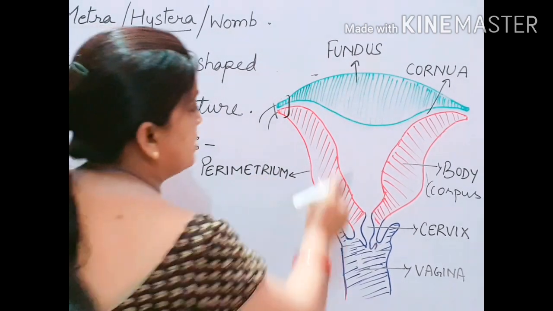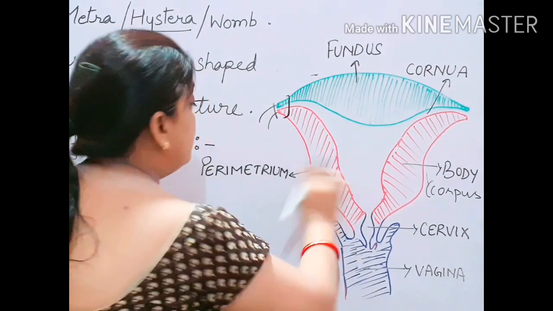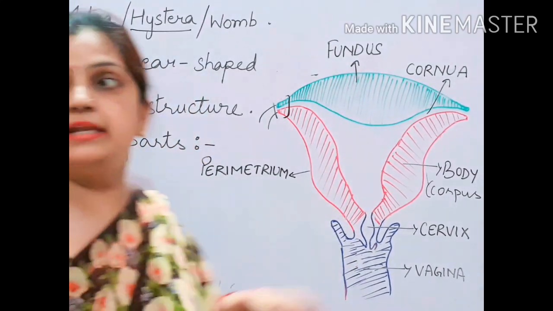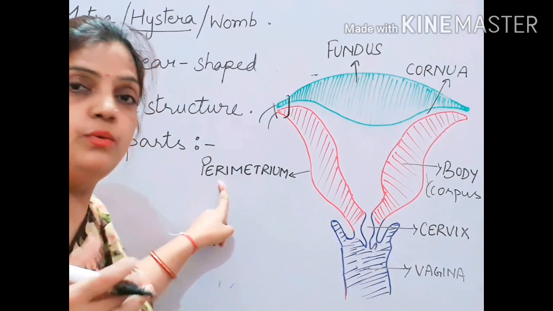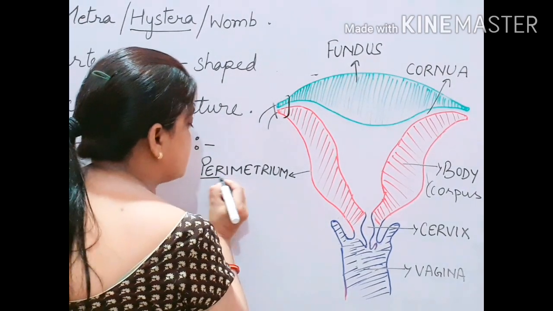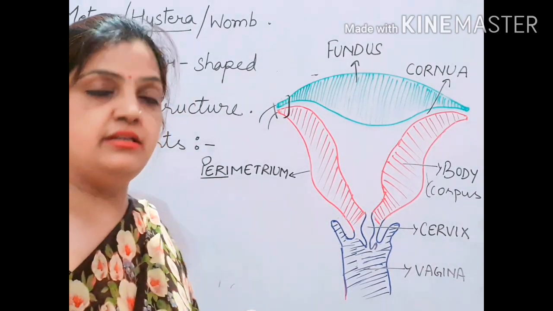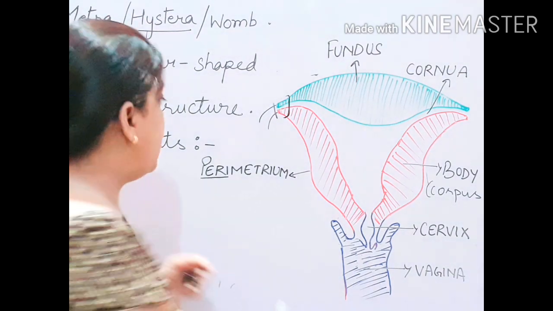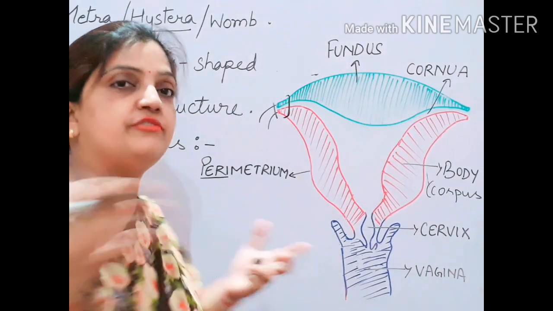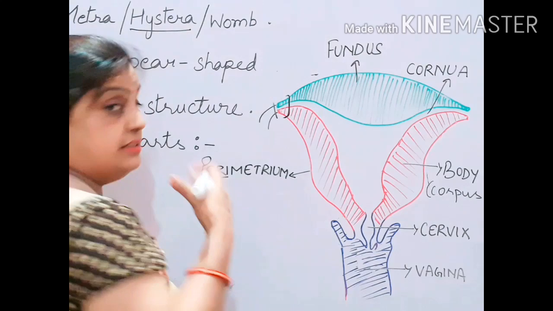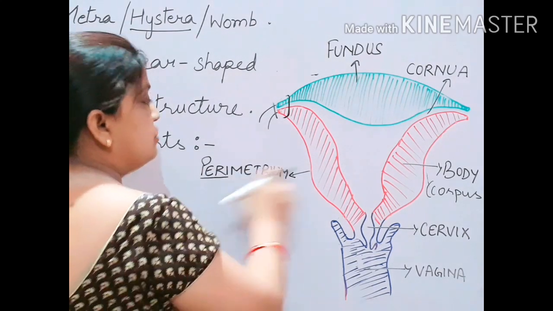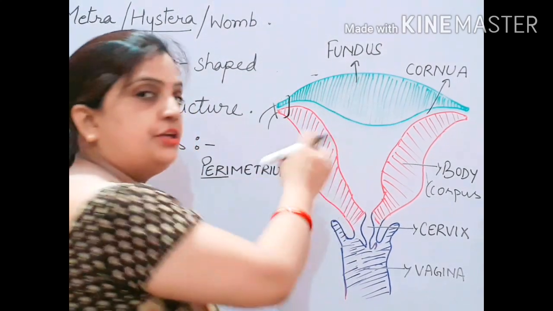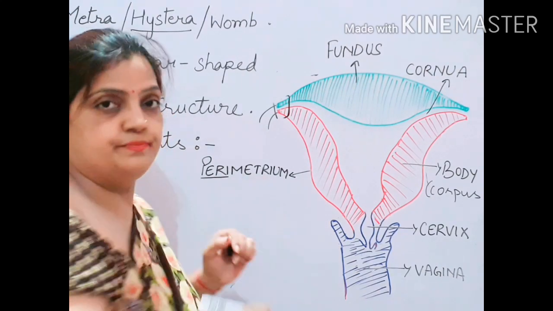Now children, why is it named perimetrium? By the word peri you can understand: peri means periphery, outer boundary, and metrium is used for the uterus, motherhood. So the outer layer of the uterus is perimetrium.